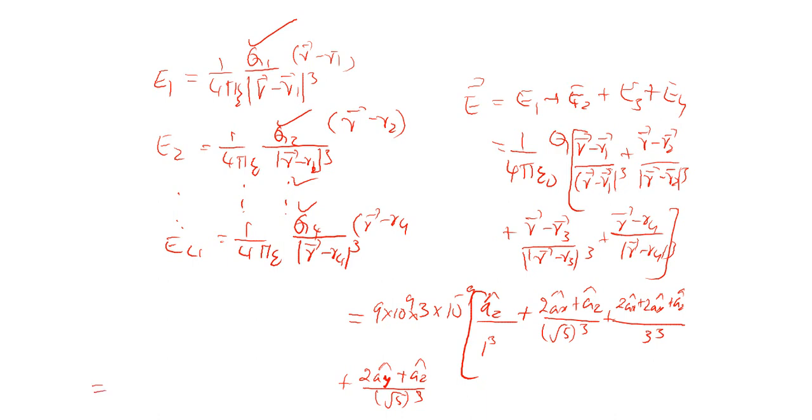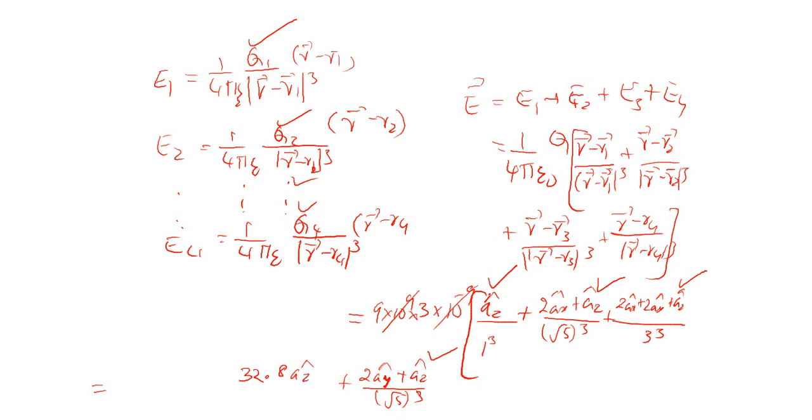So it will be 9 into 10 raised to 9, into 27, times az cap by 1 plus 2 by 5 root 5 az, plus the other az terms. So you have to add all these terms: az here and az here. If you add all of them and simplify the expression, multiplied with 27, you will get 32.8 az cap.